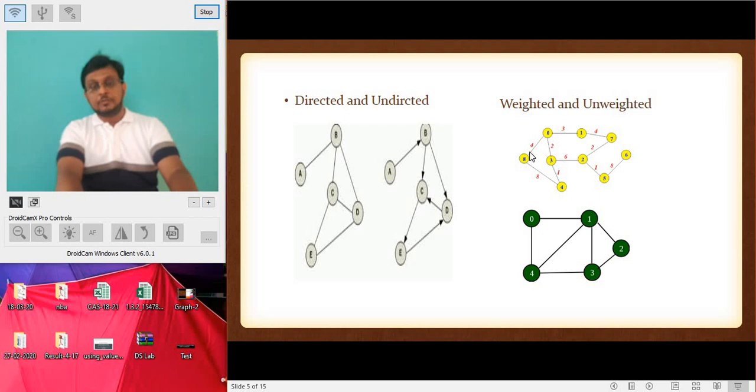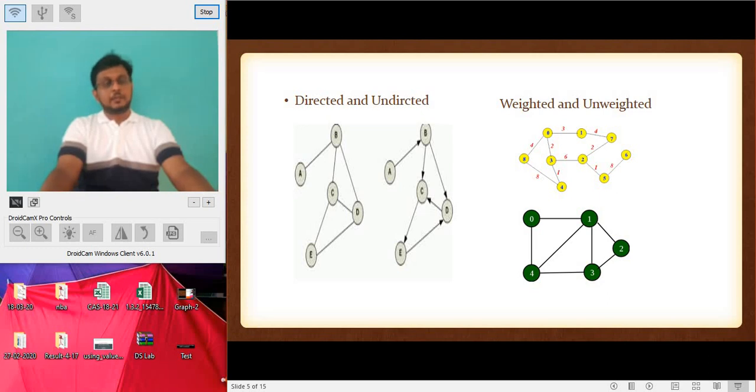So for this particular edge, the edge value is giving a weight for that edge. In a real life problem, the edge has a certain value. Suppose the vertices are two cities, then the edge weight value is giving the distance between the two cities.